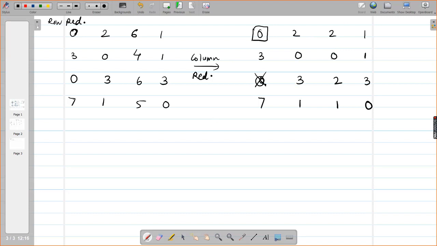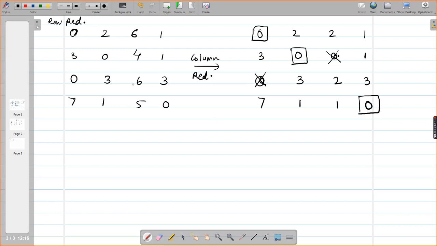Second row, there are 2 zeros, so there is confusion. Third row, there is no 0 left. I will go to the fourth row directly. Now from the third row, I have to choose one of the zeros. So I will select this and not this. So how many zeros are you getting now? 3 zeros. And how many should you get?